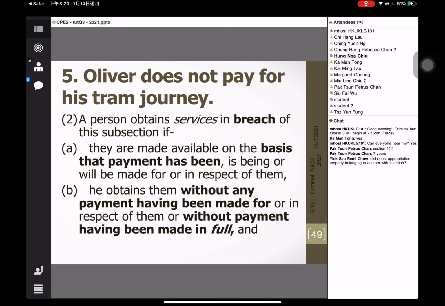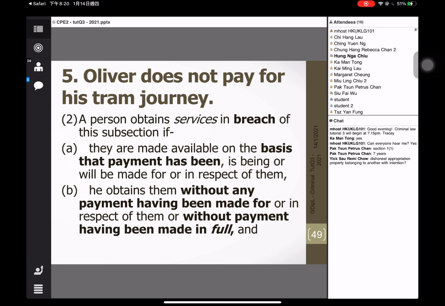And he obtains services in breach of subsection 2 if they are made available on the basis that payment has been made. In other words, this provision is restricted in scope to economic payments, if you like.